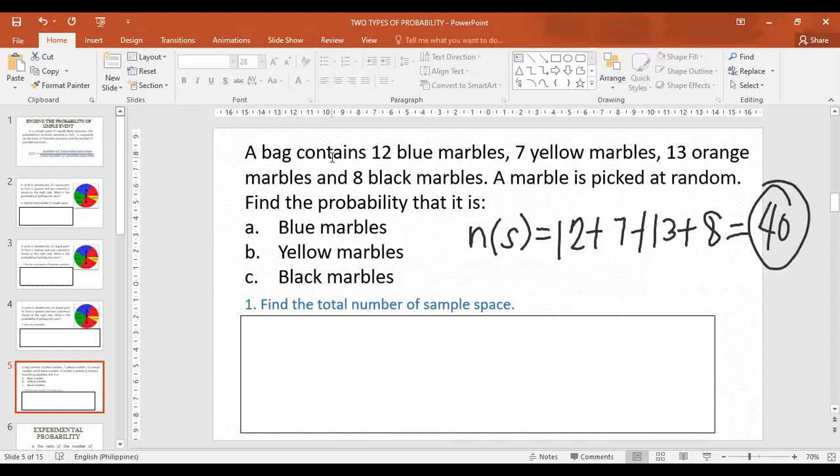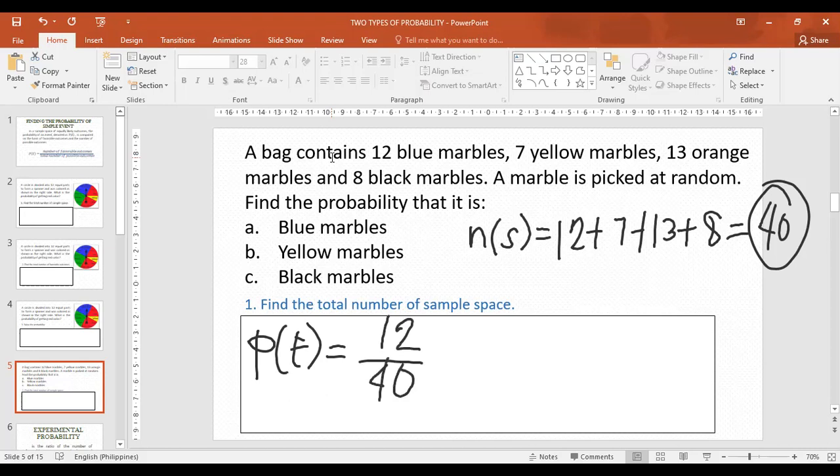Next, pwede nating isolve yung probability. Okay? So, sa blue marbles, meron tayong 12 blue marbles. So, P(blue) is equal to 12 marbles sa taas, and then 40.